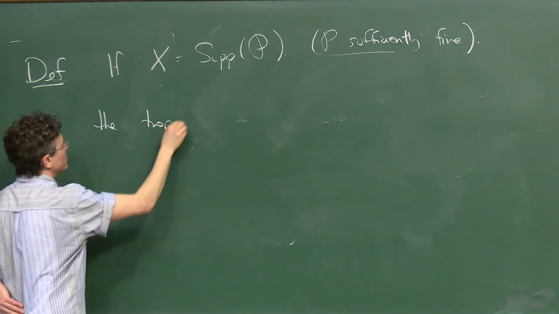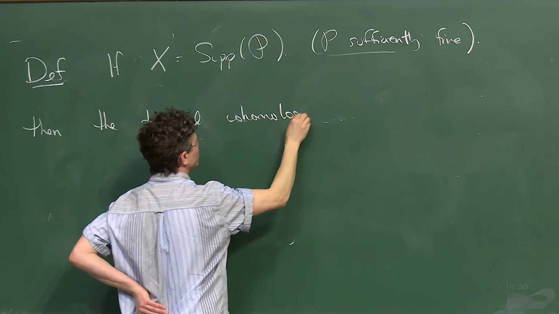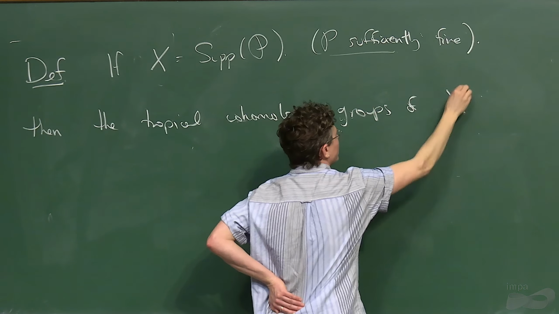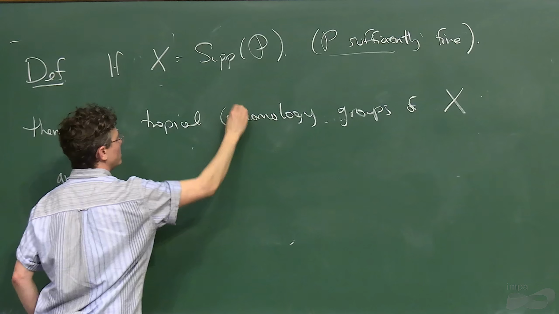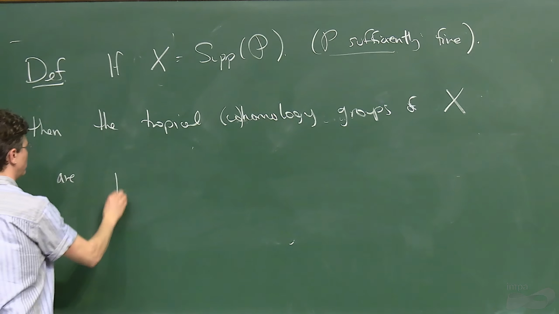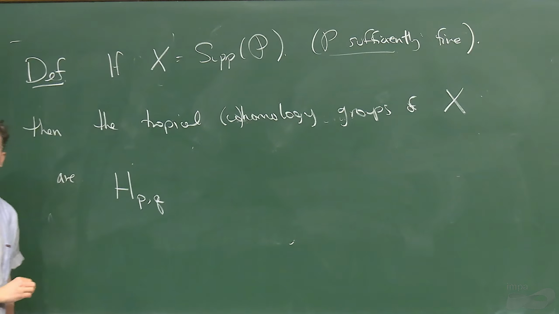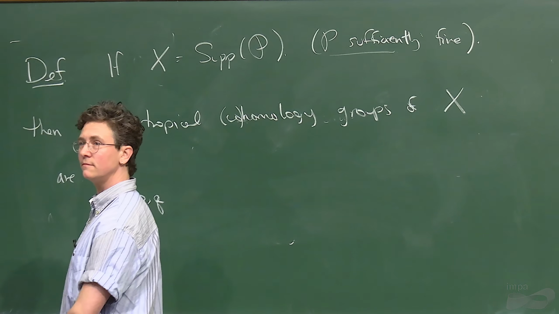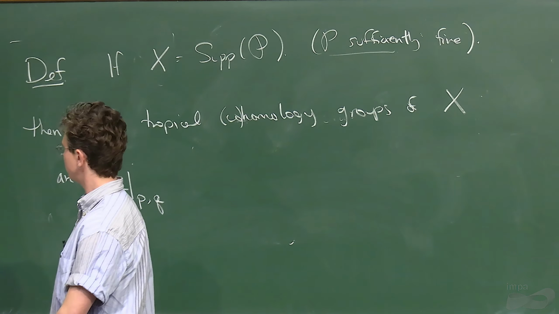So the tropical homology groups of X are, I'm going to define homology and cohomology. So if we put a PQ down here. As someone's computation, these groups should live in lambda 1 Z squared.